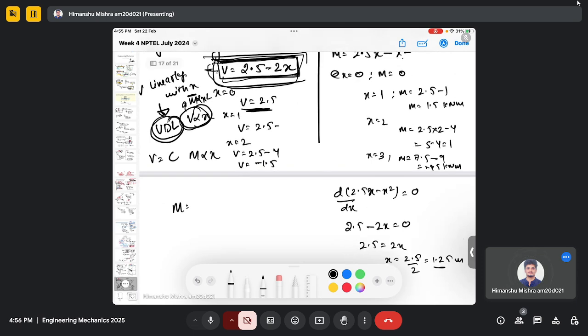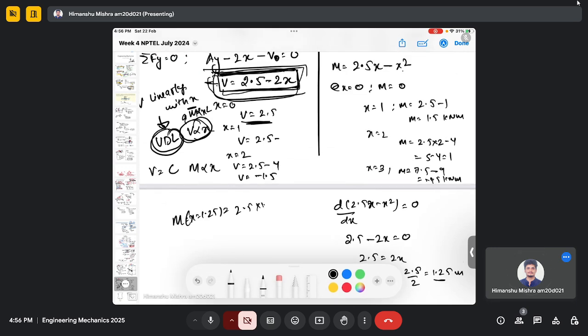So at x equals 1.25, M is 2.5 multiplied by 1.25 minus 1.25 squared. You will have 1.562 and 3.125, so you will get a bending moment of 1.563.